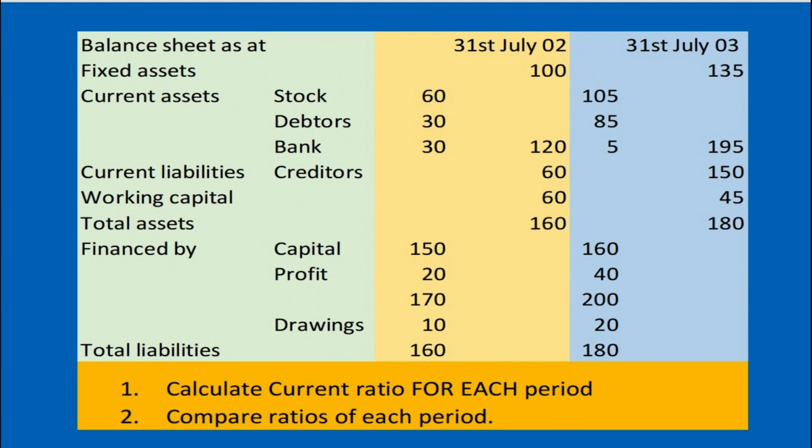Working capital 45. Total assets 180. Financed by capital 150, profit 2040, 200. Drawings 1020. Total liabilities 180. 1. Calculate the current ratio for each period. 2. Compare the ratios of each period.